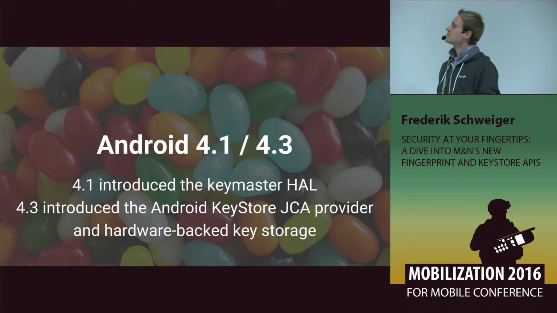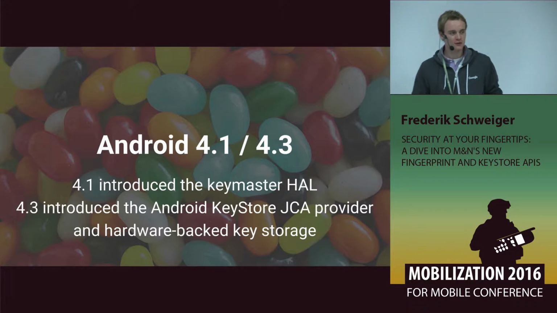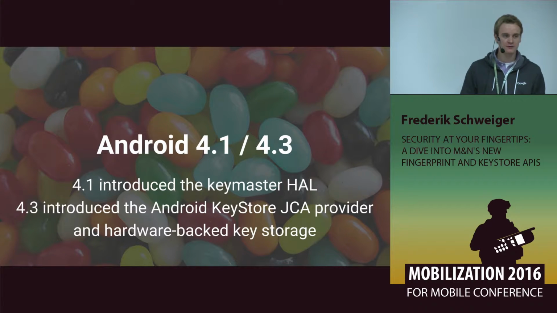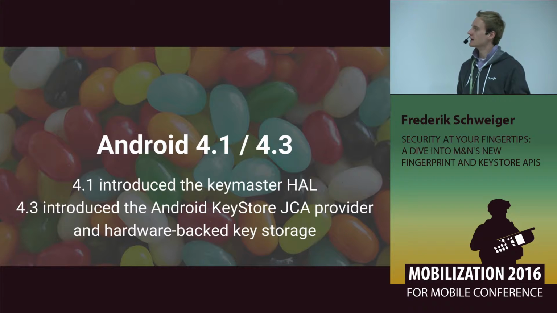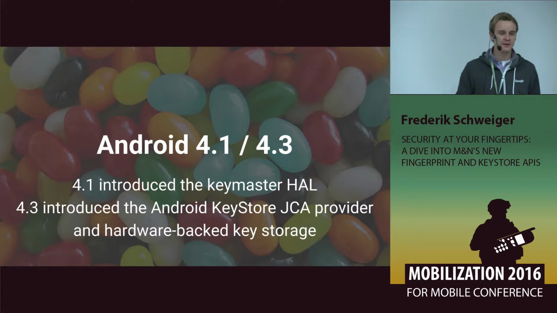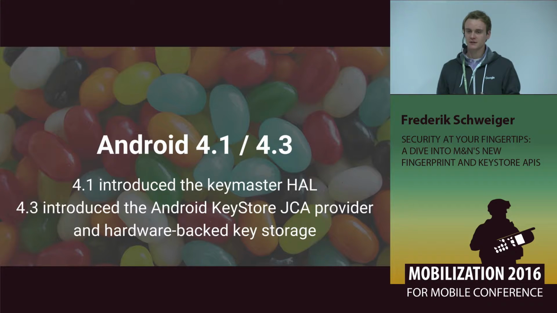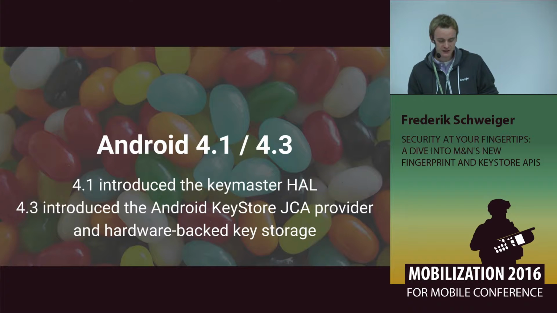What's really awesome about that is that app private keys were now possible, and you could simply create your own cryptographic keys and use them to secure your passwords and your information or the user's data, and only your app was able to use them to encrypt, decrypt, verify, or sign.